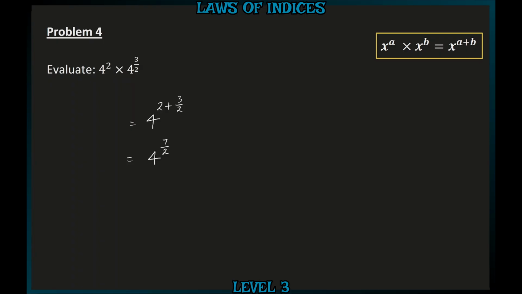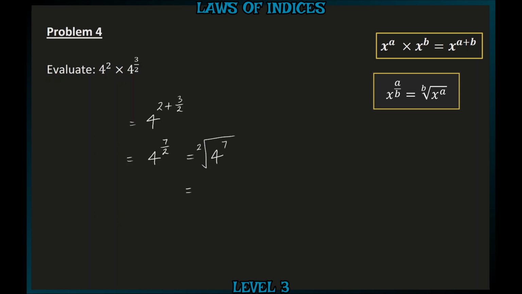we have 4 to the power of 7 over 2. Now since we still have to evaluate 4 to the power of 7 over 2, and because our power here is a fraction, we're going to use this law, which tells us that the numerator of our fraction is the power and the denominator is the root. So we can rewrite 4 to the power of 7 over 2 as 4 to the power of 7, and then take the square root of that.